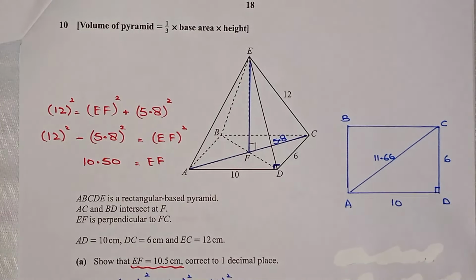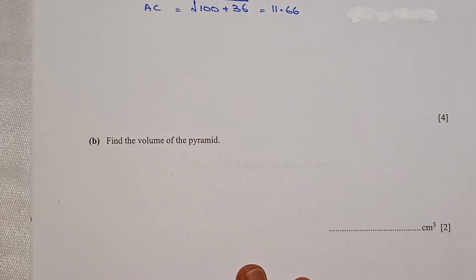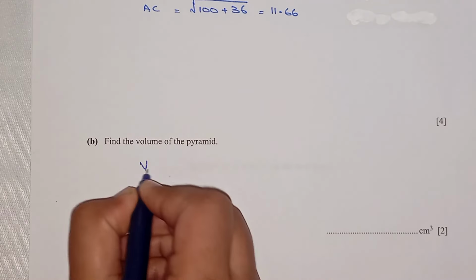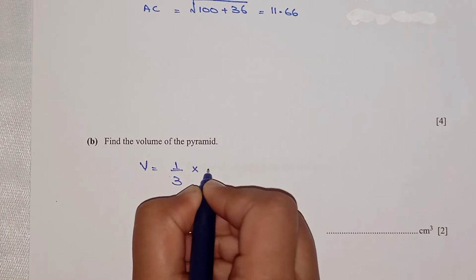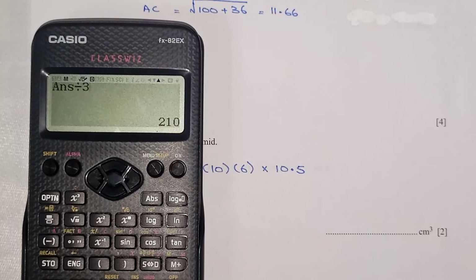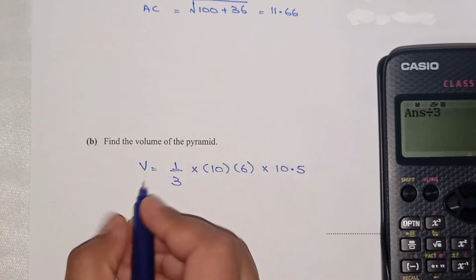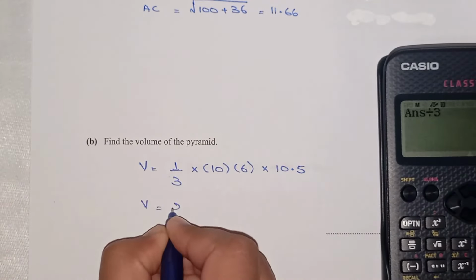So the volume of the pyramid would be 1/3 times 10 times 6 times 10.5, which is 210. So the volume of that pyramid is 210 centimeter cube.